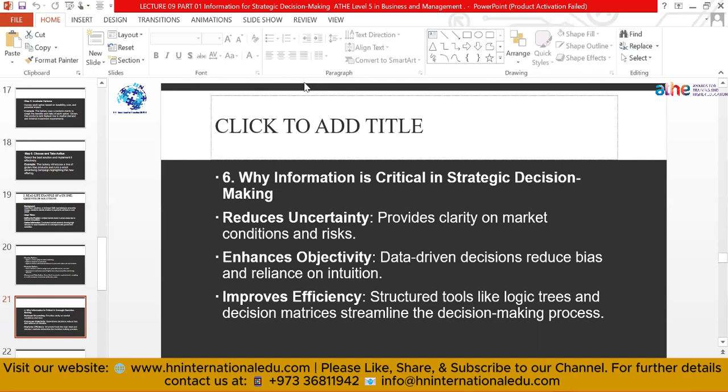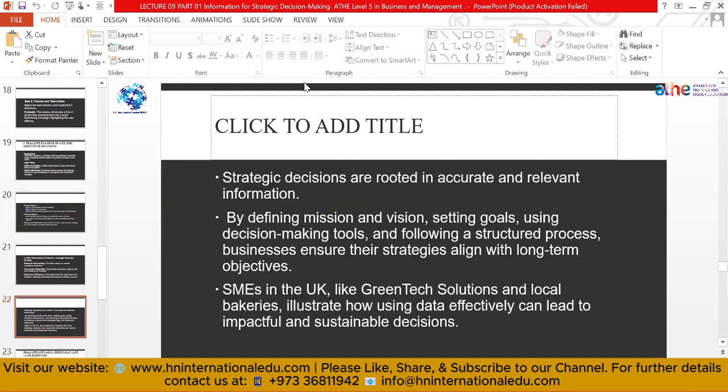Improves efficiency: structured tools like logic trees, probability trees, and decision matrices streamline the decision-making process. You have the options, you can choose from them. Strategic decisions are rooted in accurate and relevant information. That is, according to the information, you shape up the strategies. By defining the mission and the vision, setting the goals, using decision-making tools, and following a structured process, businesses ensure their strategies align with the long-term objectives of the organization.